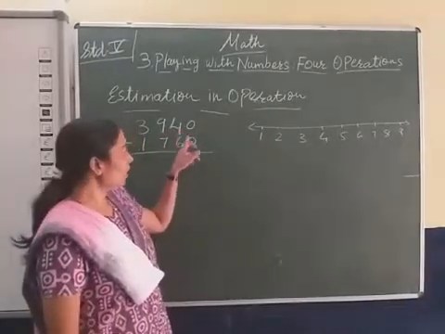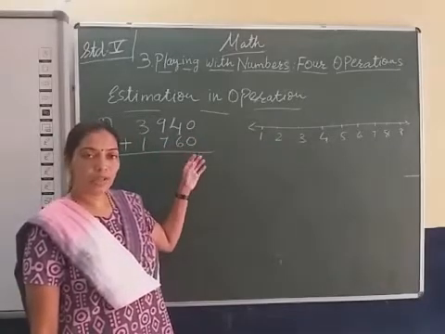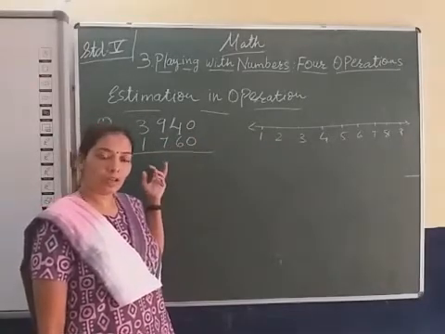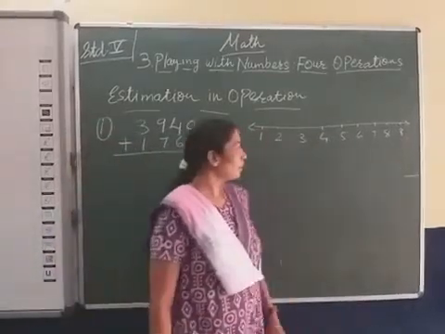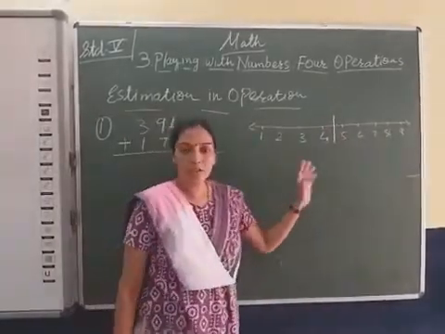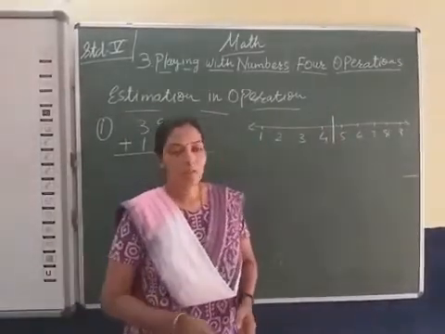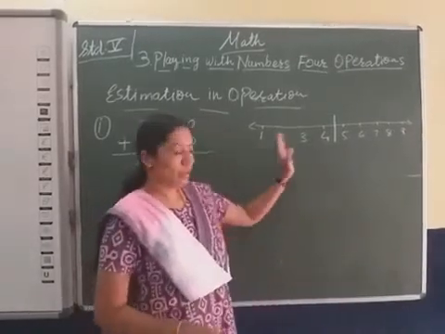Because in the place value we put up to 9. When we come to 10, it is converted to another place. So that's why I am writing here numbers 1 to 9. Okay. Now look at this number line. All these digits are going to the right, like a train going to reach its destination.